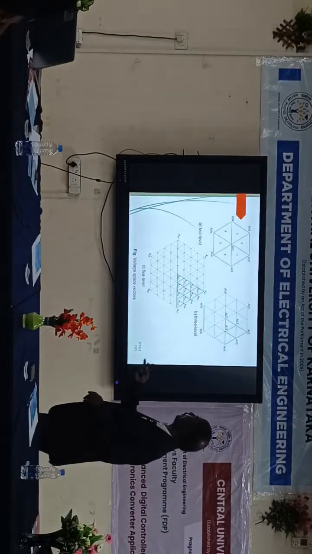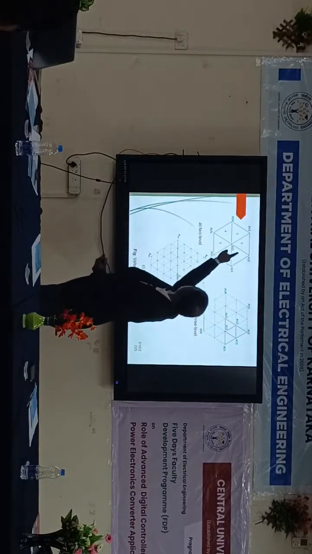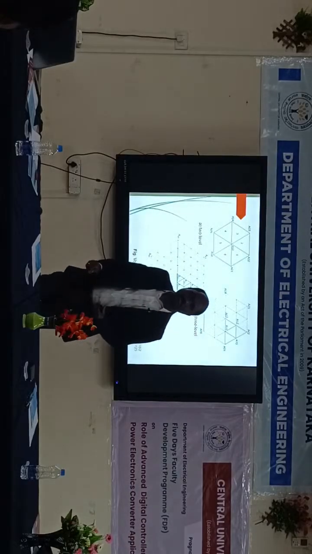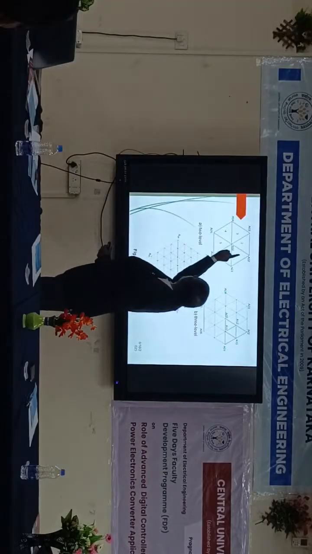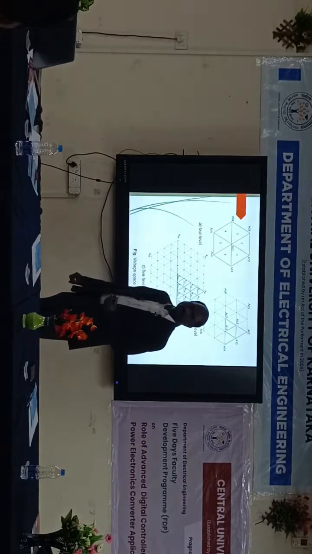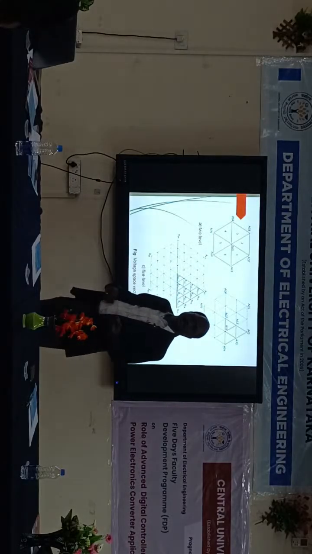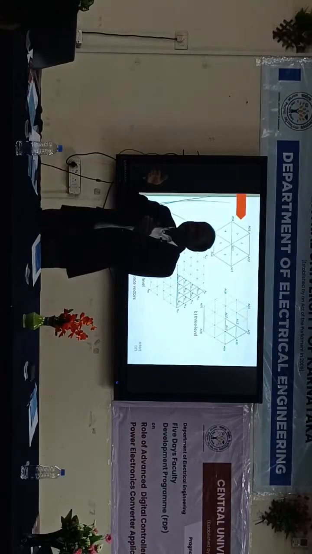It means, we see here, this is a two-level inverter. In this two-level inverter, if I include a triangle in each and every triangle, what's the level of the inverter? I included a triangle here. Then the space vector will become 3 level, with 2 triangles in there. Then 3 triangles, then 4 triangles.